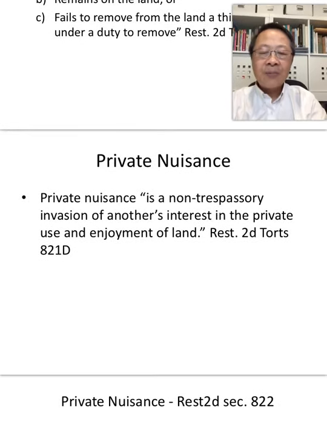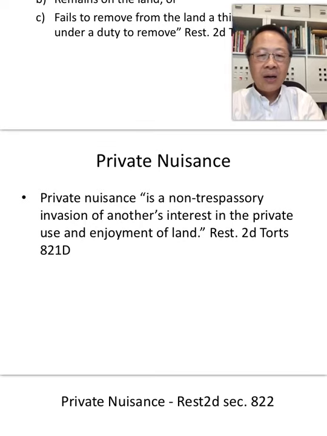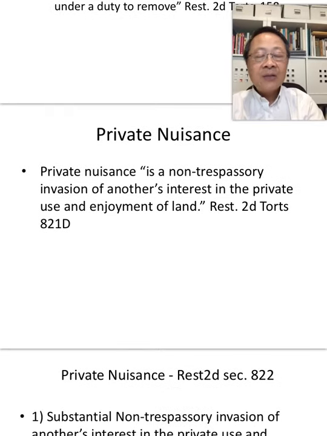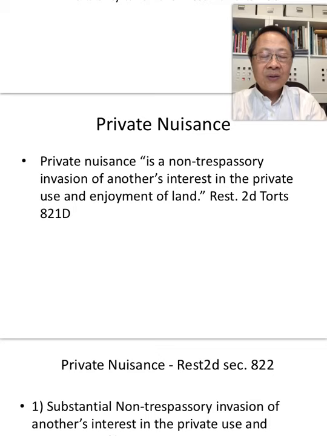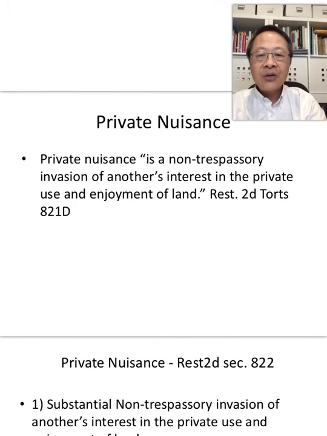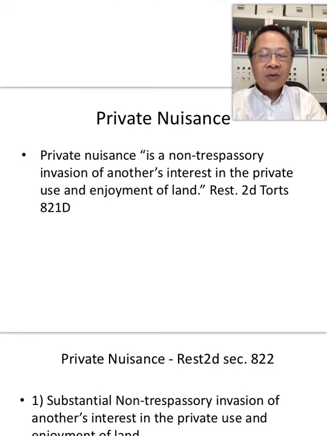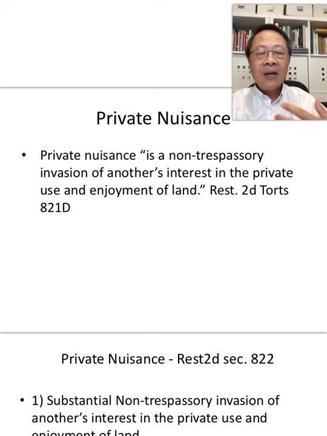The third concept or doctrine of the common law that is particularly relevant to the environment is private nuisance. Private nuisance, like trespass, is directly associated with private property ownership. And in contrast to trespass, it is an interference with the right of the property owner that does not involve a violation of their right to exclusive possession, but rather violates their right in the private use and enjoyment of their land.